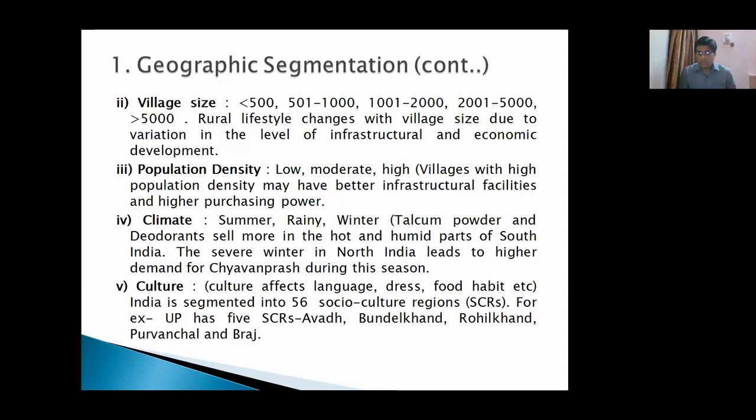Whereas in North India, the companies dealing with Chyawanprash and other such types of item which keep people warm will be finding North India as a better market because these products will be in higher demand in North India.